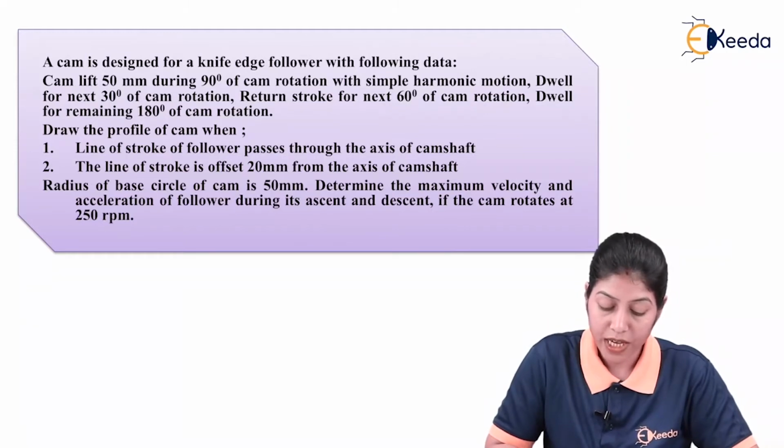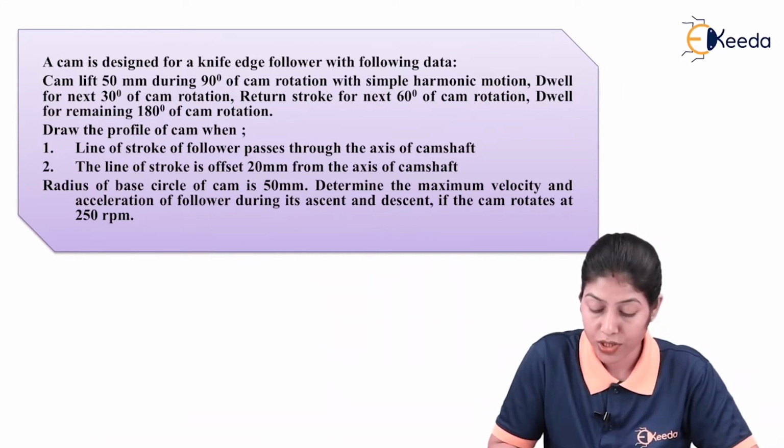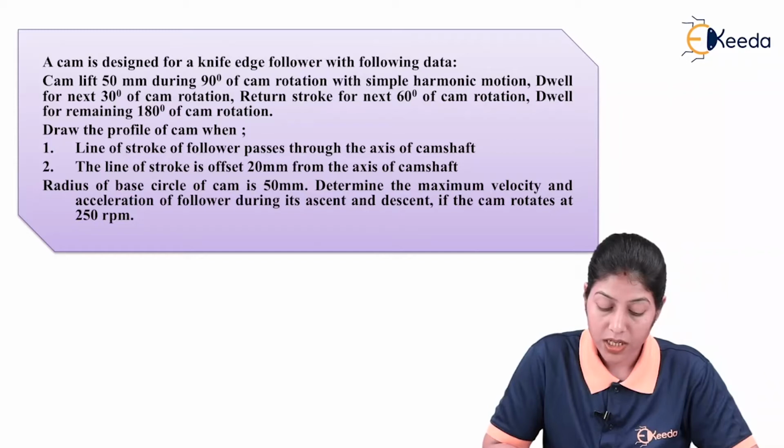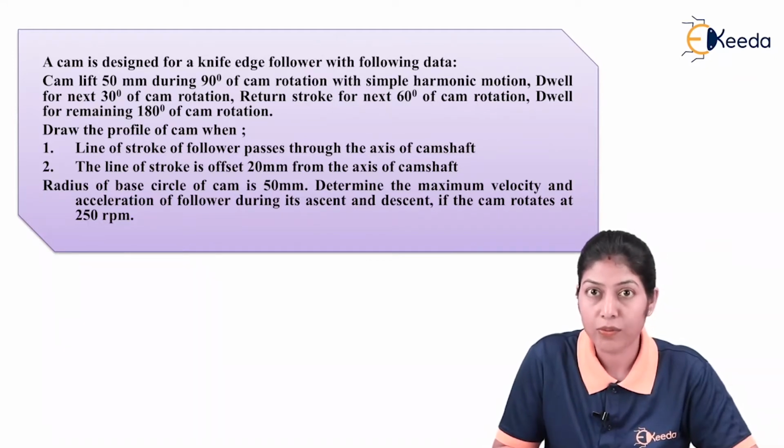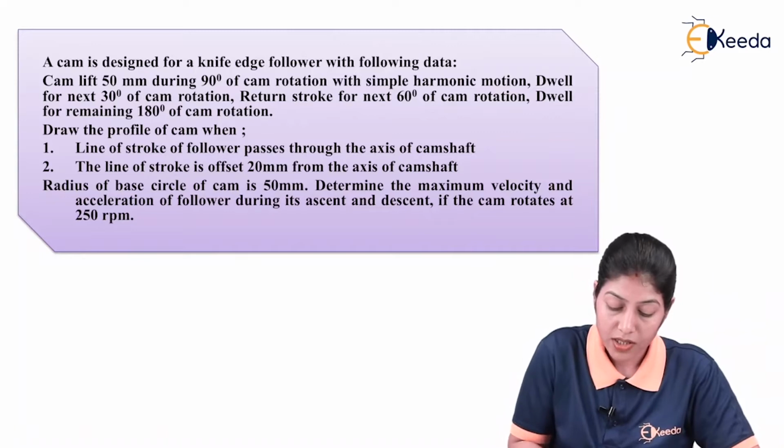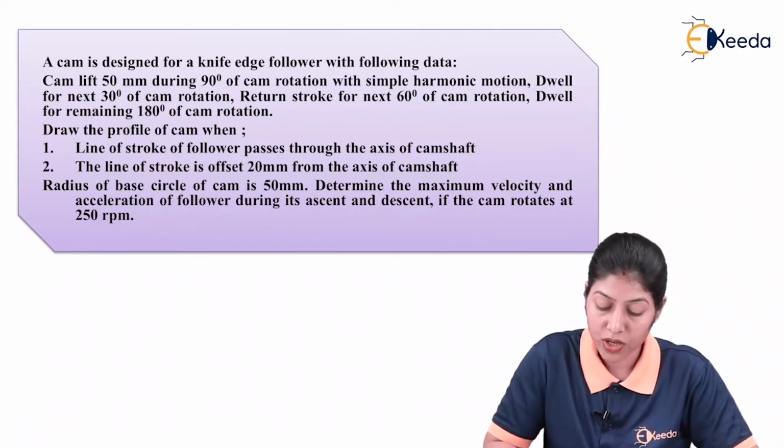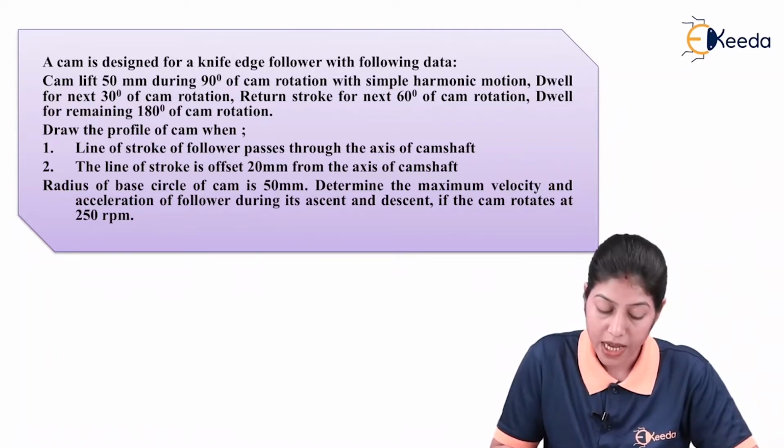Cam lift 50 mm during 90 degree of cam rotation with simple harmonic motion. Dwell for next 30 degree of cam rotation, return stroke for next 60 degree of cam rotation, and then dwell for remaining 180 degree of cam rotation. Here this is representing the actual angular displacement of the cam.